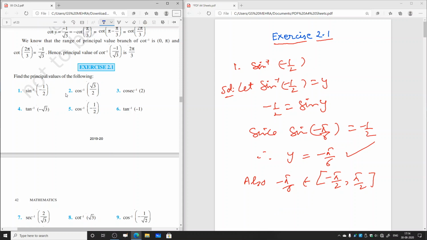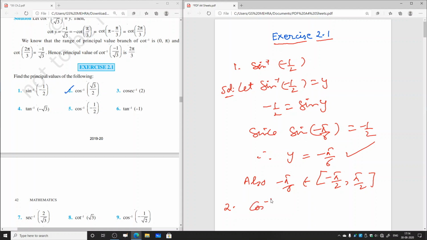Now let us go to the second one: cos inverse √3/2.